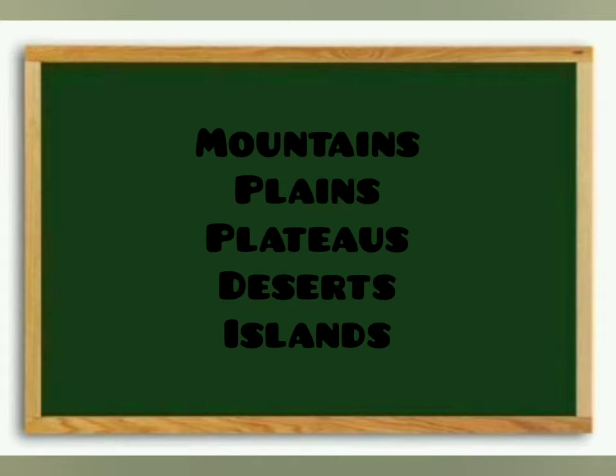In the northwestern part we can see deserts. And in the south we can see plateaus. The Southern Plateau is a famous one. Then we can also see islands. We have major island groups. So these are the major physical features of our country.